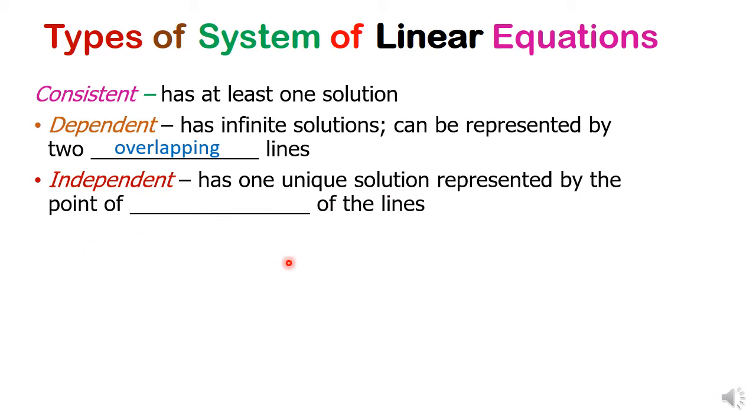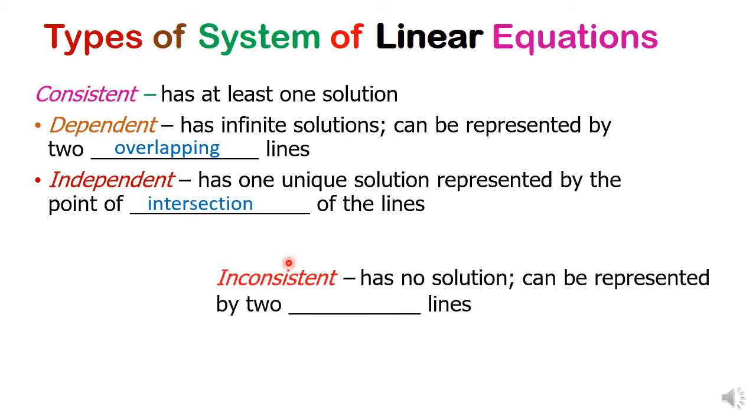We have the word intersection, point of intersection of the lines. Pag inconsistent, that means we have no solution and this can be represented by two blank lines. What should fill in the blank? Two parallel lines.